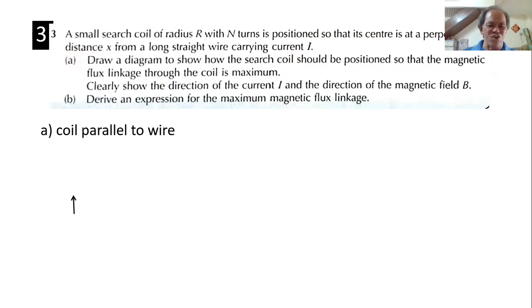Search coil is basically a coil, that's all. Usually you use it to measure the magnetic field. It's just a coil. Draw a diagram to show how the search coil should be positioned so that the magnetic flux linkage through the coil is maximum. Clearly show the direction of the current and the direction of magnetic field.